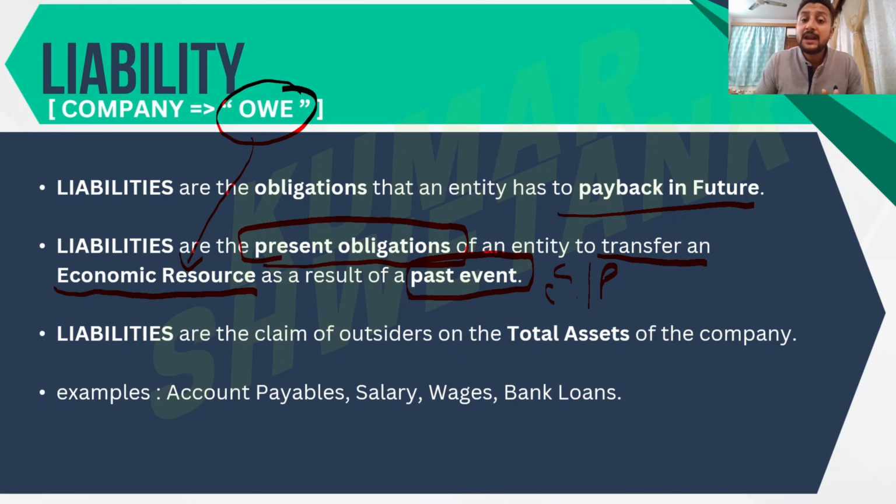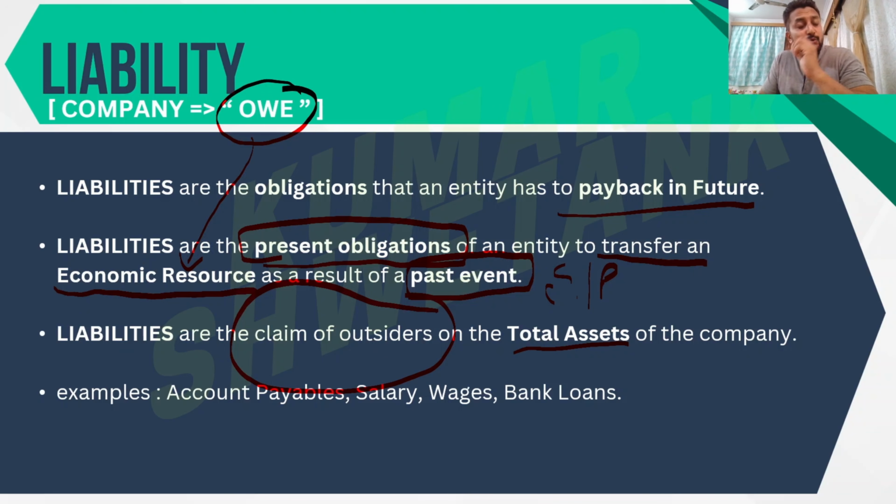This is known as liability. Simply put, liability is the owing of something to someone. And liabilities are the claim of outsiders on the total assets of the company.